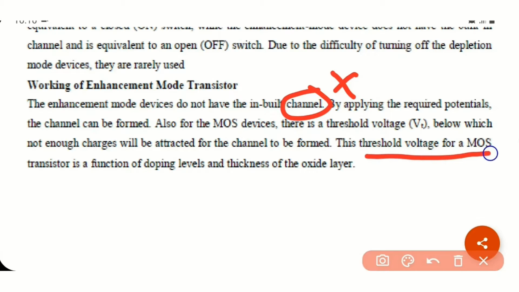This threshold voltage for a MOS transistor is a function of doping levels and the thickness of the oxide layer. So these two things will determine the threshold voltage for your MOS transistor, the doping levels and the thickness of the oxide layer.